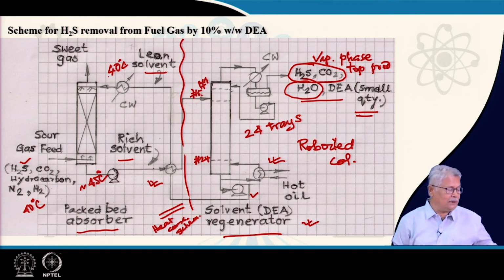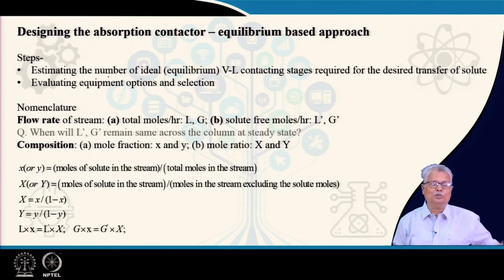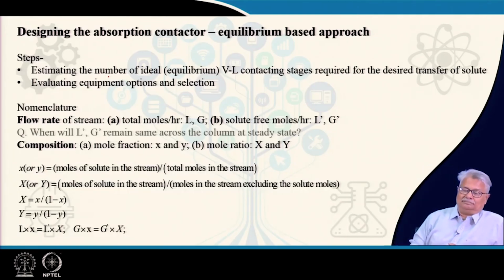So, what you do now is we have an idea of how an absorber regenerator system works in industry. We have a typical industrial example, and we now move to the actual designing. We look at the steps of designing of the contactor.